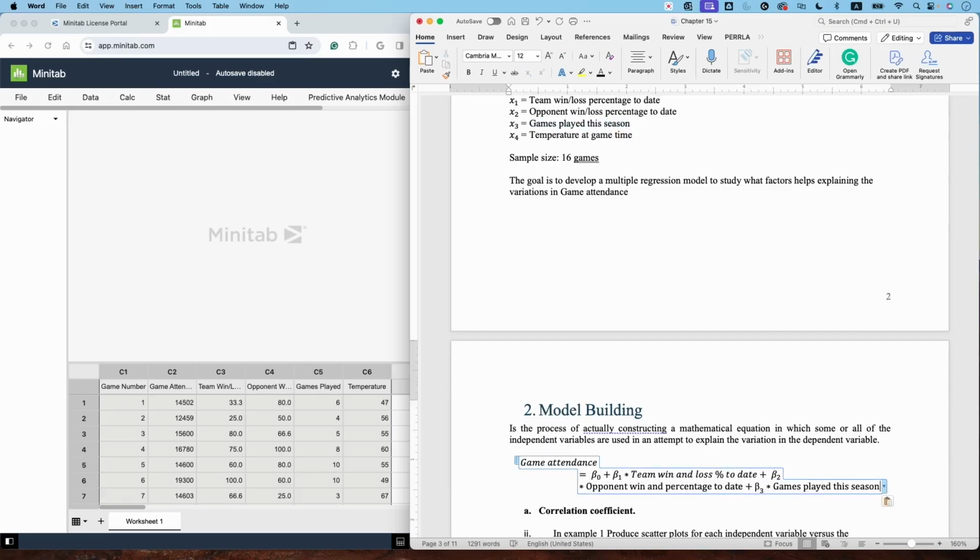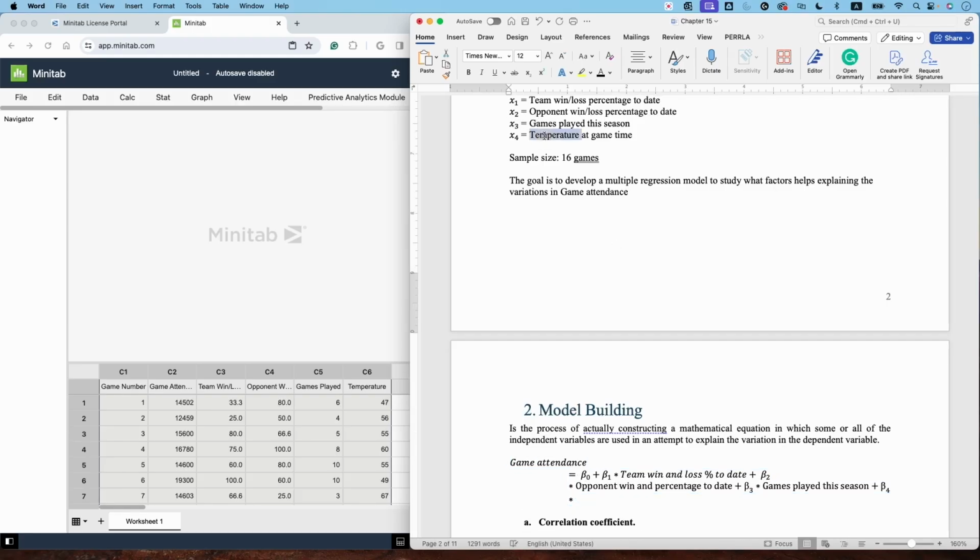So we have many variables, you see that. Plus beta 4 times the temperature. So this is the population model that we are trying to build.